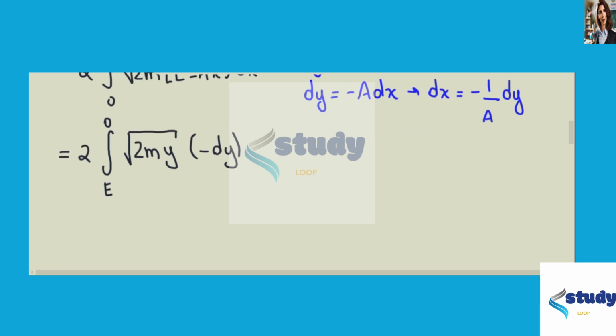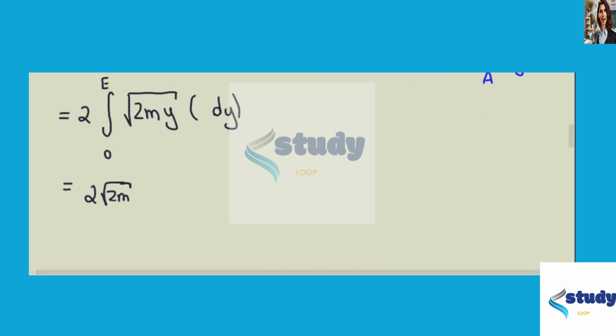So basically I'm going to change the integration order and also add a minus sign. So this is 2 times the square root of 2m times the integral from 0 to E of the square root of y.